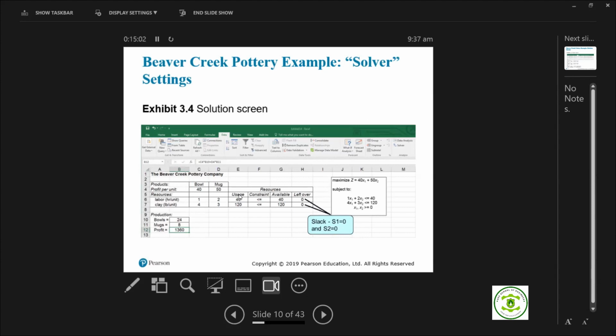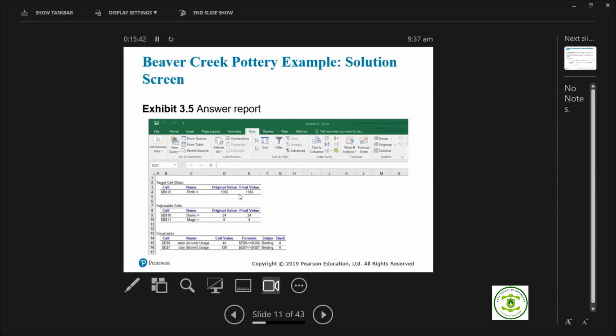So the leftover cell is simply the difference between usage and available. This was what was available. And when we do the calculation, we've seen that in the optimal solution, slack is 0. No leftover.